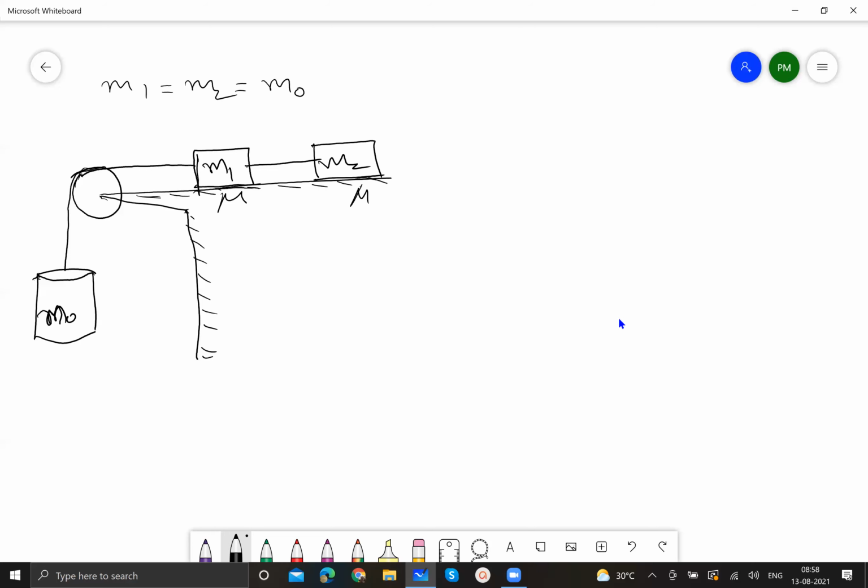You can try with putting some numericals also. Here, this is a block M0. So I'm attempting to do the free body diagrams.